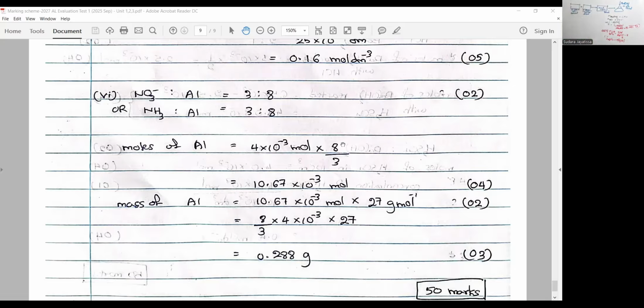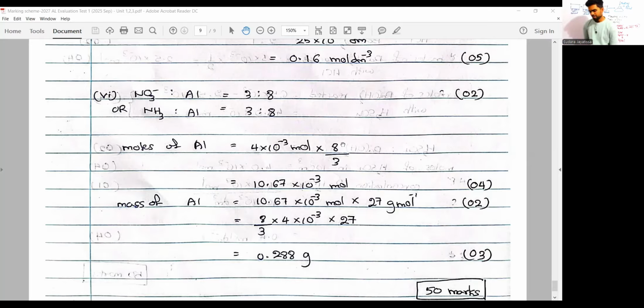Divide by 3, that's the stoichiometry value of the nitrate, no? And multiply that by 8, the required value. Then you will get the moles of aluminium. But we need the mass of aluminium, so multiply that mole value by the molar mass of aluminium, which is 27. You will get this 0.288 gram value.